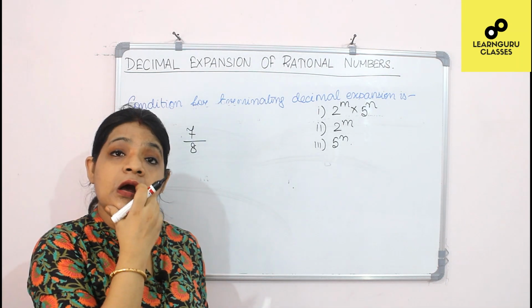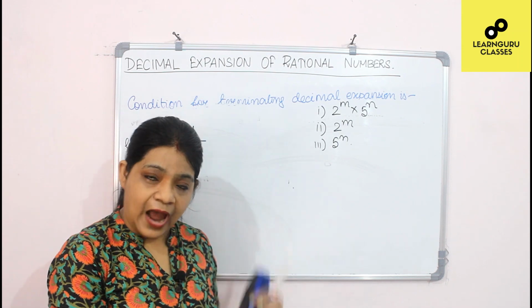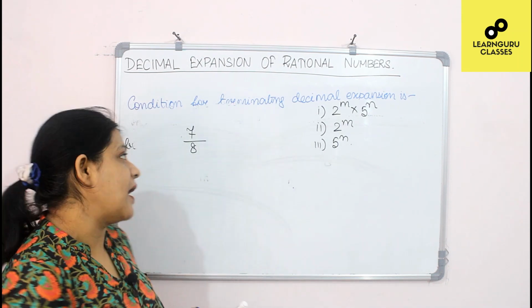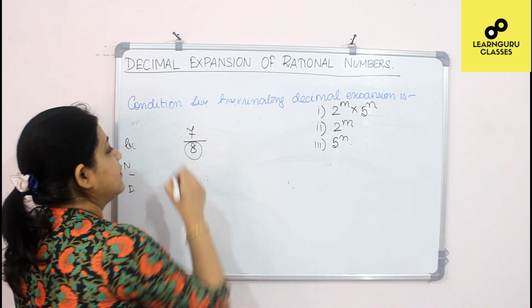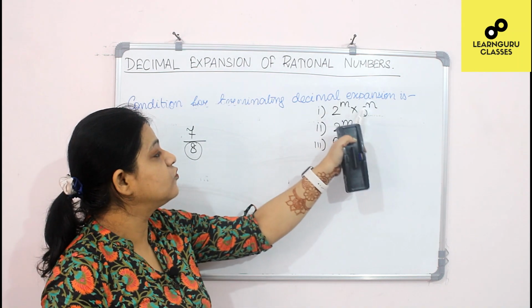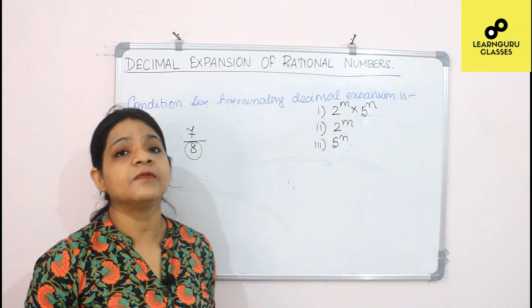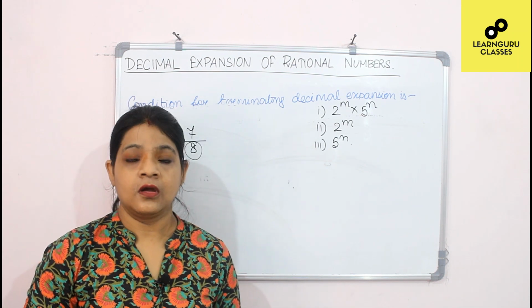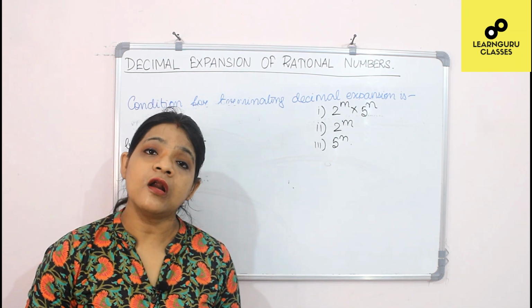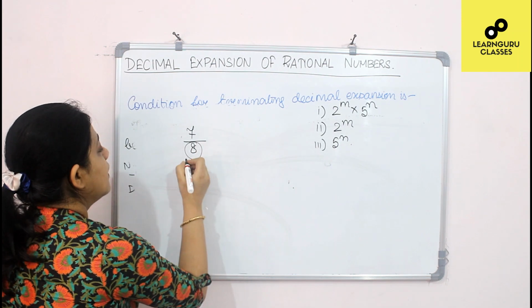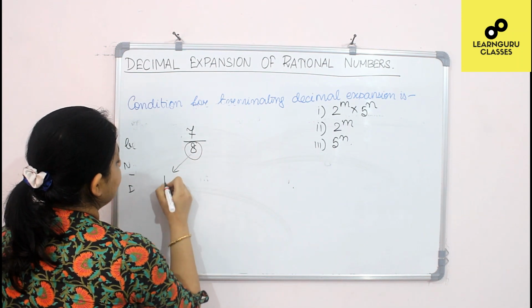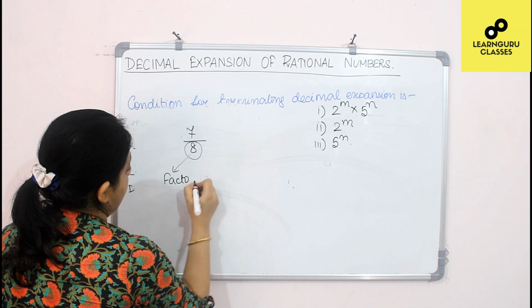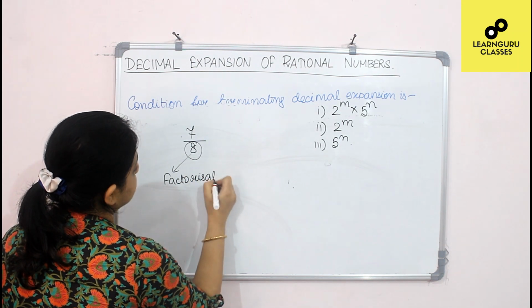So to determine whether the denominator is of the form of any of these types, what do we do? We go for factorization of the denominator. How do we do factorization?